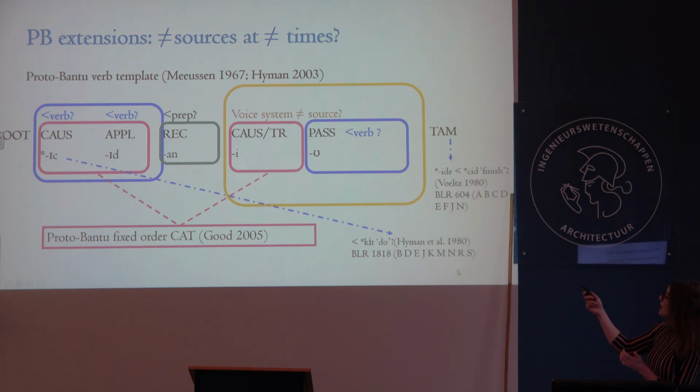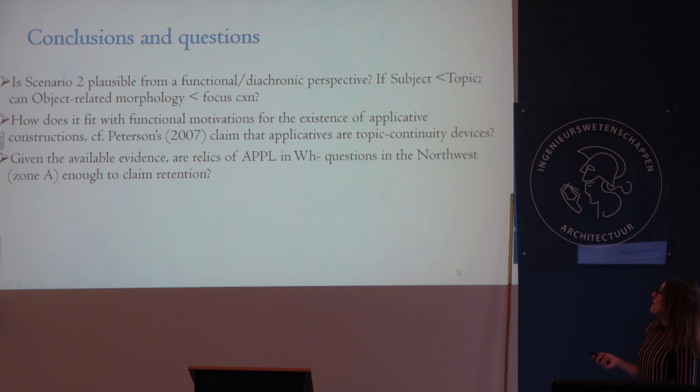And also Larry Hyman in 2003 suggests that very likely because of their phonological shape, the short causative, also called transitivizer if I'm not wrong, and the passive suffix might be remnants of a voice marking system that might have a different source morphology compared to other extensions. So I wonder how this will happen.